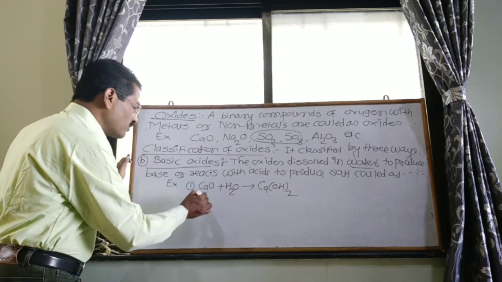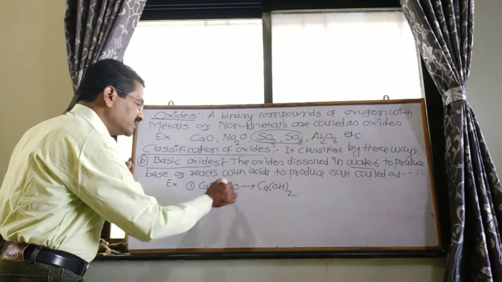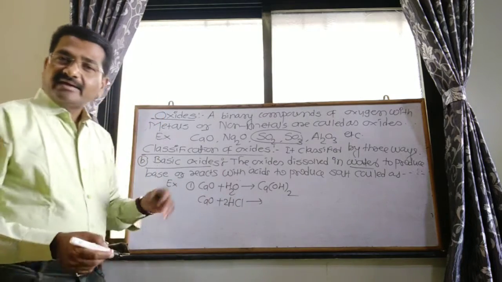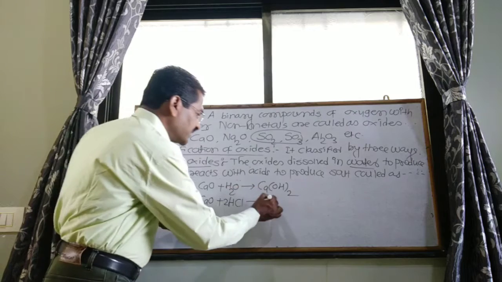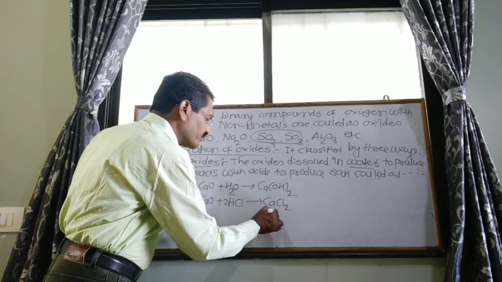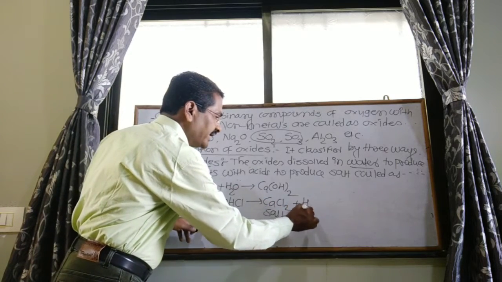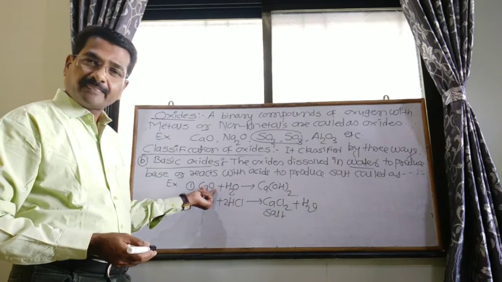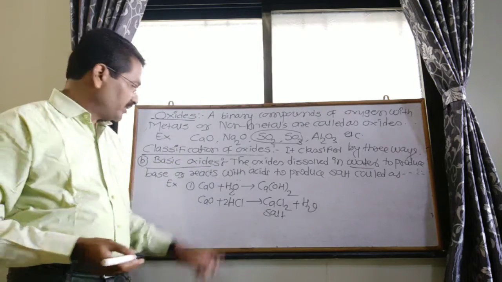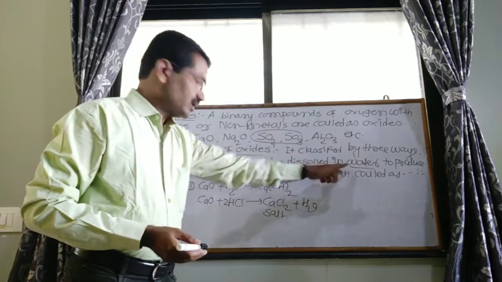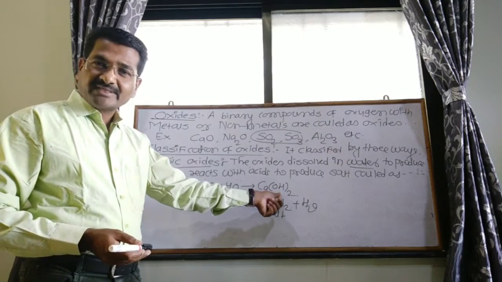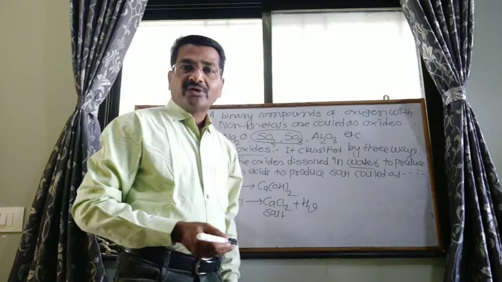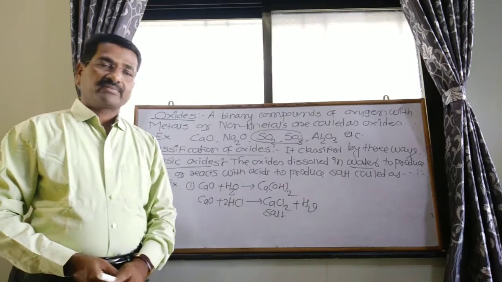Suppose this calcium oxide reacts with acid HCl. Then it gives calcium chloride salt and H2O. So calcium oxide indicates basic oxide because it dissolves in water to produce calcium hydroxide base, or reacts with acid to form salt and water. Therefore, it is a basic oxide.